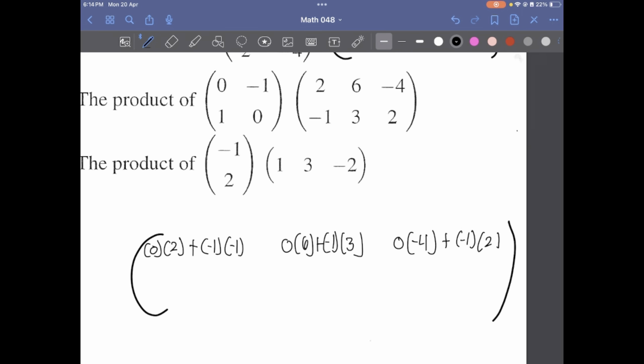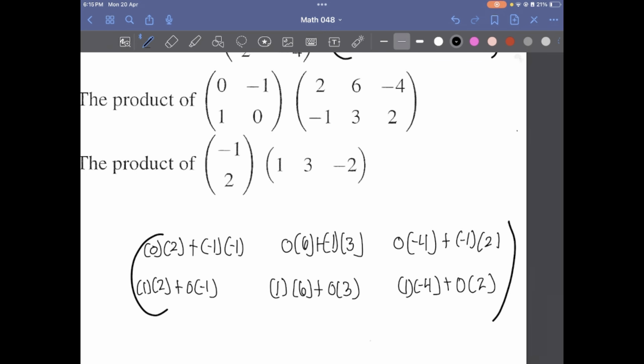And then the bottom row, so we have 1 times 2 plus 0 times negative 1. Next we have 1 times 6 plus 0 times 3. Last we have 1 times negative 4 plus 0 times 2.